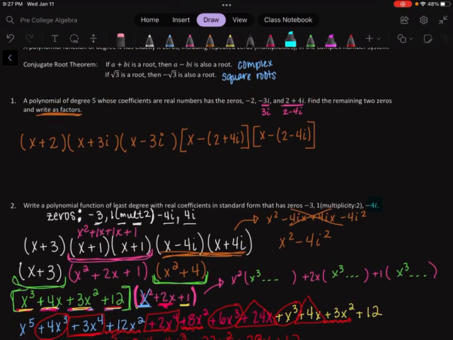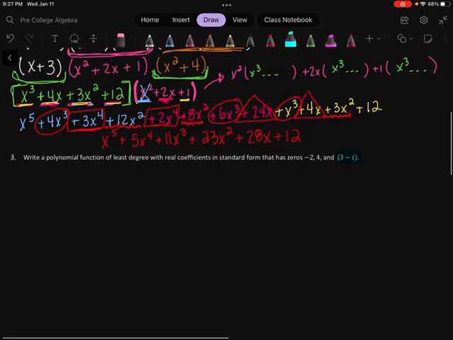So I'm going to have to do something like this in number 1. But let's start off with these zeros. What would another zero be given I have 3 minus i? The conjugate of that must also be a zero.